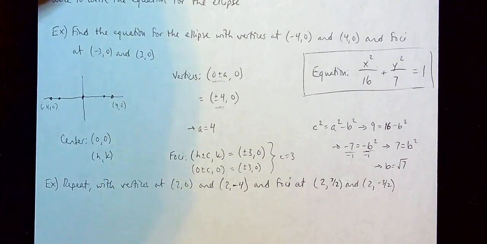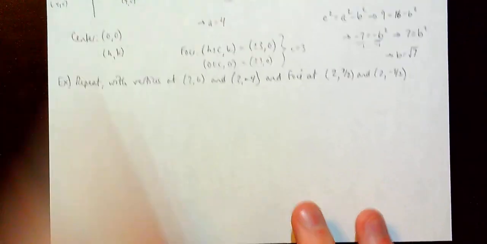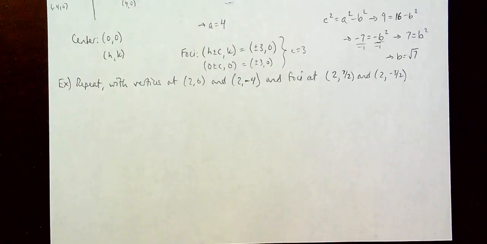Moving on to our next problem, a little bit more complicated, a little bit more work. We're going to do the same thing. We're going to find the equation for the ellipse, but this time the vertices are at 2, 6 and 2, -4, and the foci are at 2, 7 halves and 2, -3 halves.